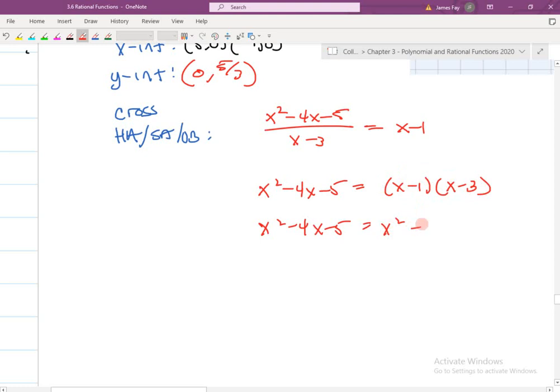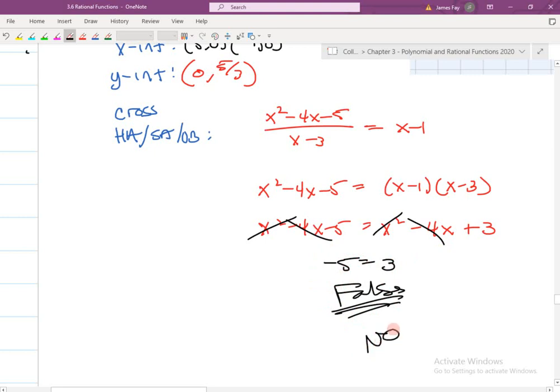So x squared minus 4x plus 3, right? What happens to this x squared on the left and this x squared on the right? Cancel. What happens with the negative 4x and the negative 4x? Cancel. And you're left with negative 5 equals positive 3. And that's false. And a false statement tells you what? No crossing.